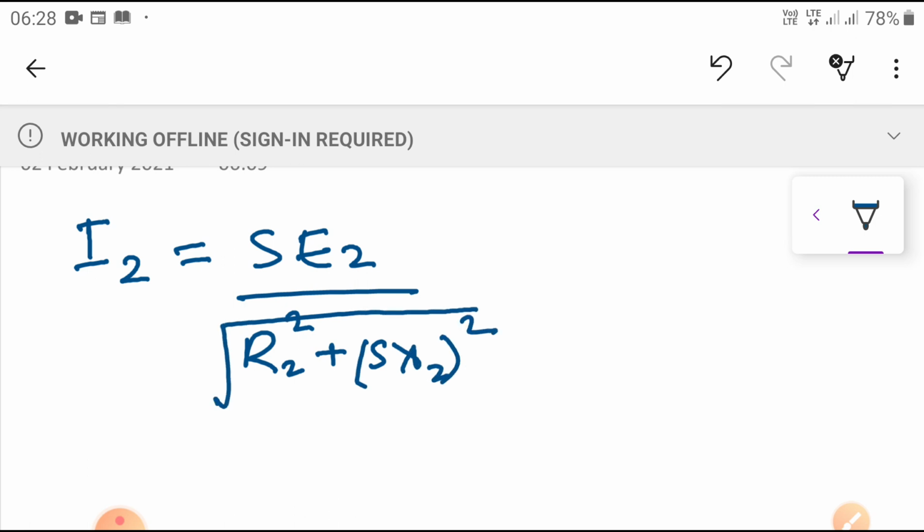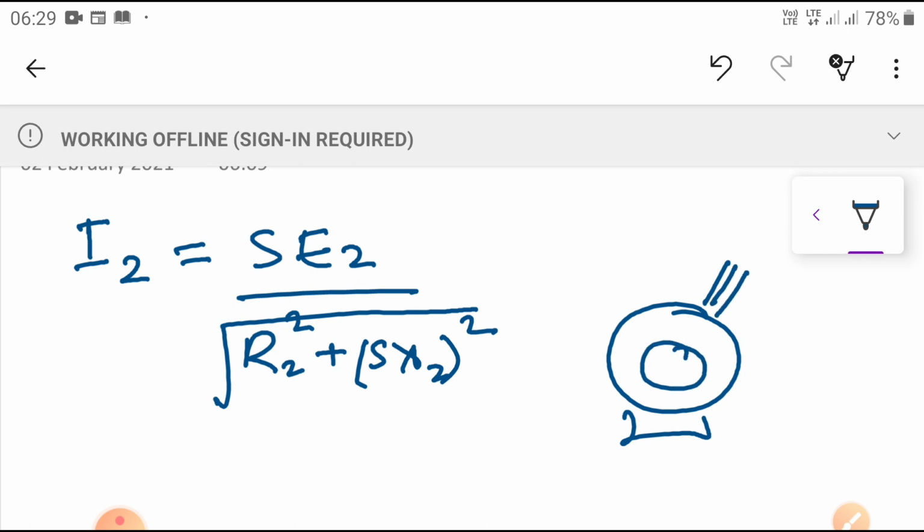This is the current. That means when supply is given to our induction motor, the rotor is at standstill, no speed, that is, rotor speed is equal to 0. Then the slip is maximum, equal to 1. In this case, the EMF induced in the rotor conductors is also maximum.